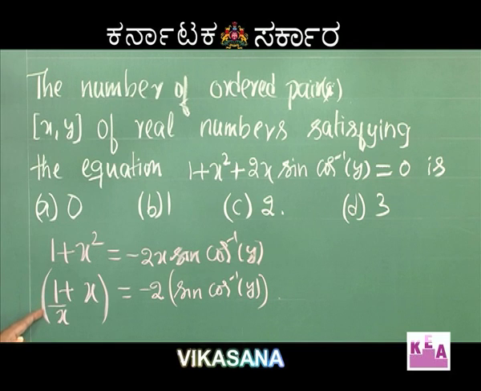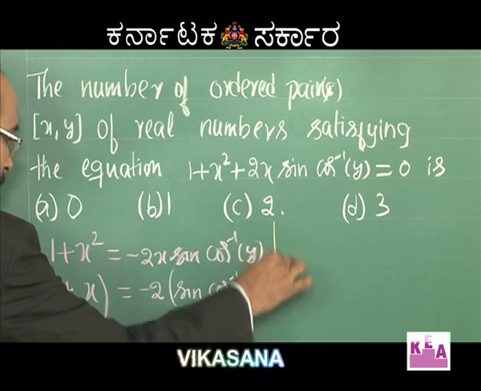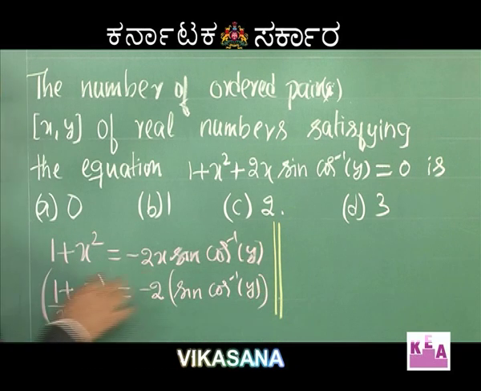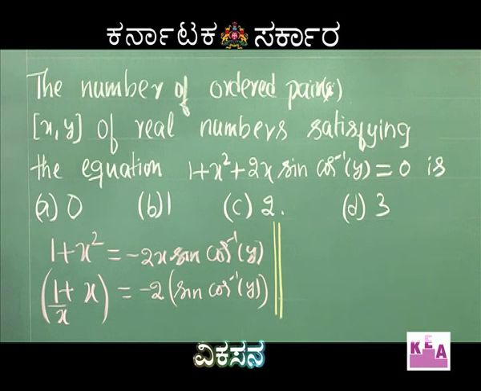What is the least value of left hand side? The least value, of course, I am talking about positive value. Least positive value of left hand side is 2. 1 by x plus x is always greater than or equal to 2. Do you agree with me? Right? It's an important logic here. And also 1 by x plus x, maximum negative value is equal to minus 2.